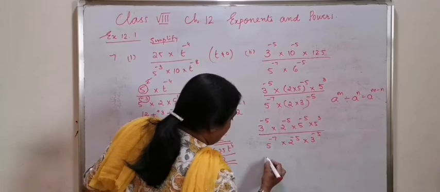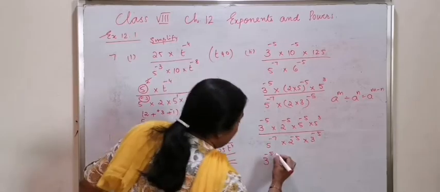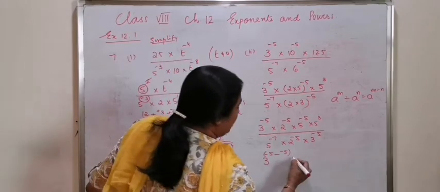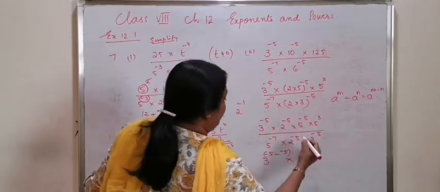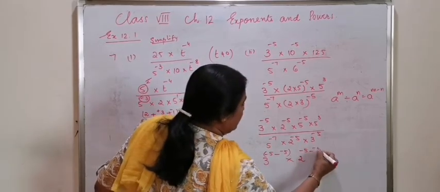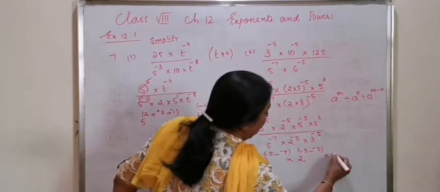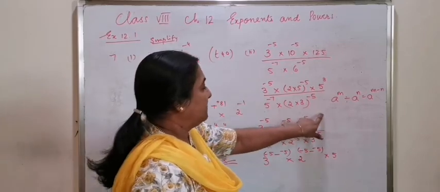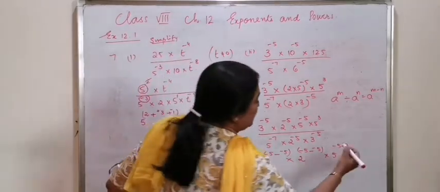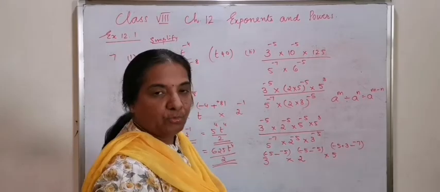Let's take the factors. 3 to the power of minus 5, then from the denominator minus 5, then for the factor 2 into 2 to the power of minus 5, from here again minus 5, the next factor 3, 2, then 5, minus 5 plus 3, from the denominator minus 7, so minus 7, the factors are all over.